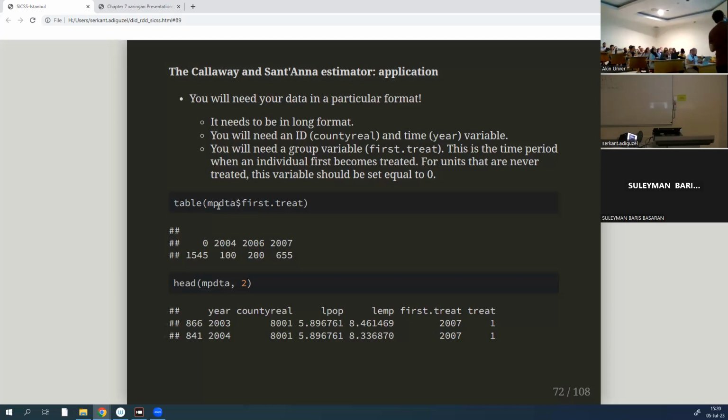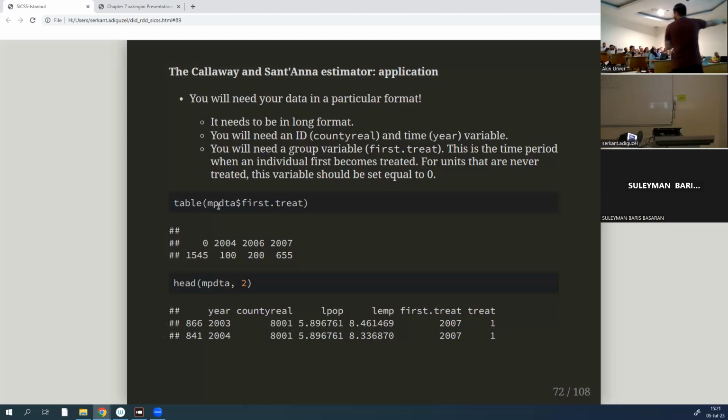So for instance, if you look at first treat here, there are 1,545 counties that are never treated, which means they never saw a minimum wage increase in the time period we analyzed. In 2004 there are about 100 counties, in 2006, 200, and so on.